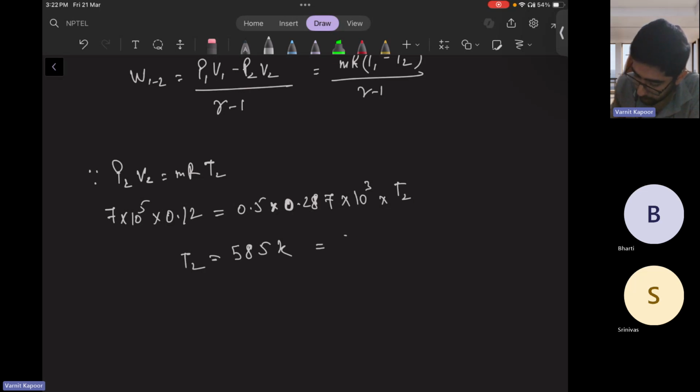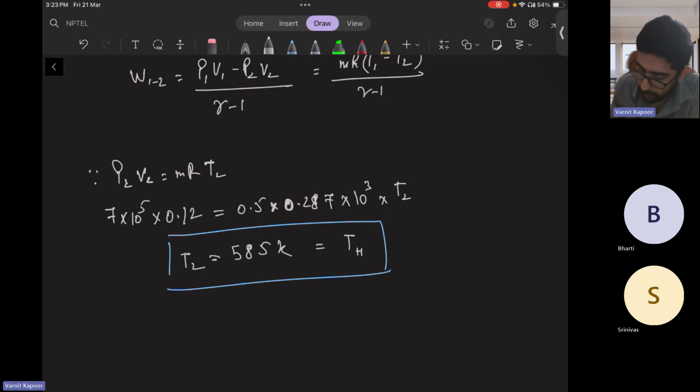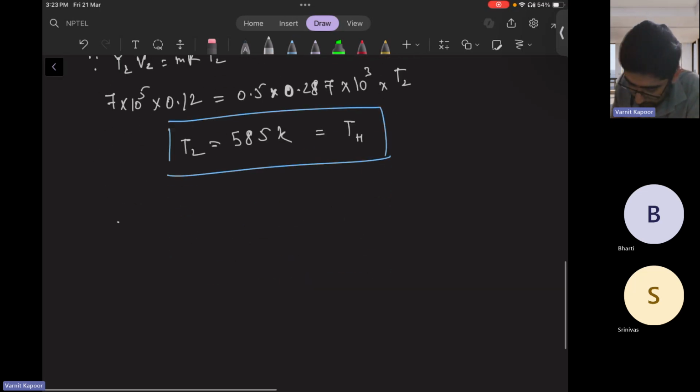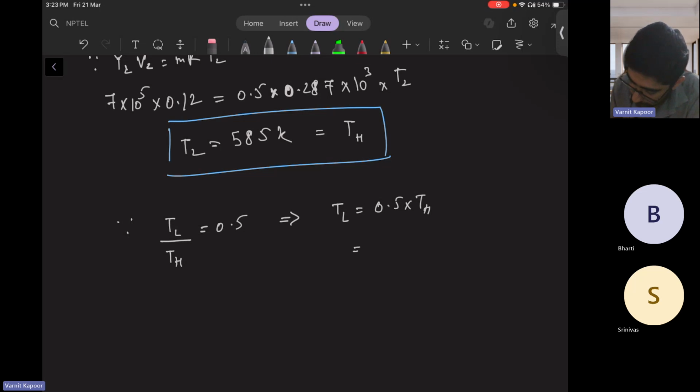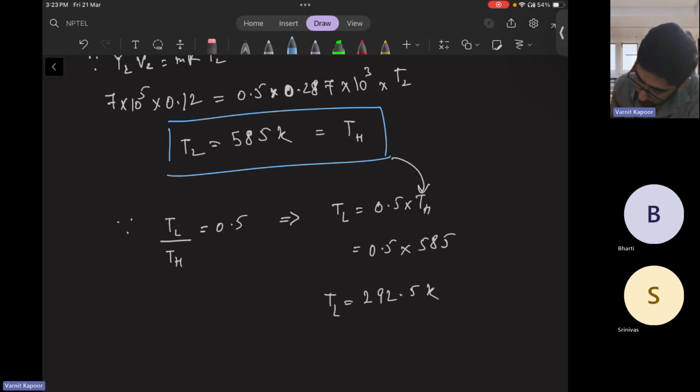That is nothing but your T higher. Also, you know that T lower over T higher is 0.5, so T lower is 0.5 times T higher. If you put the value, 0.5 into 585, T lower comes out to be 292.5 Kelvin. And that is equal to your T1, that is T lower.